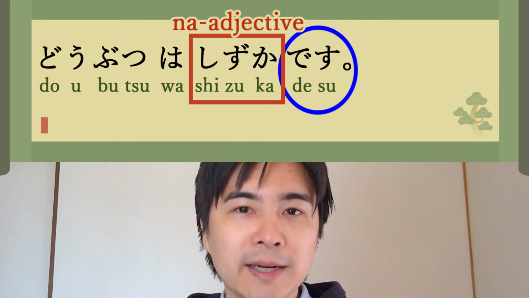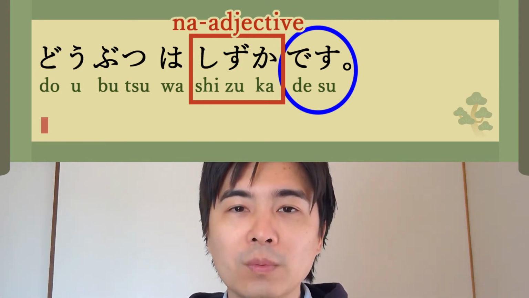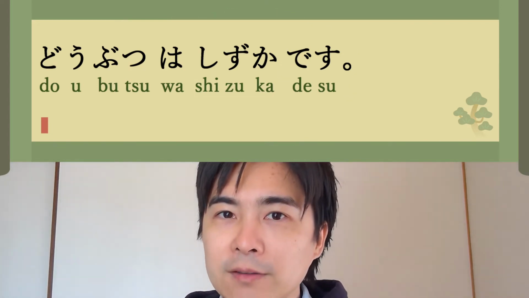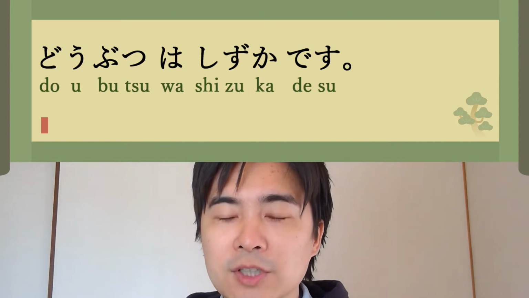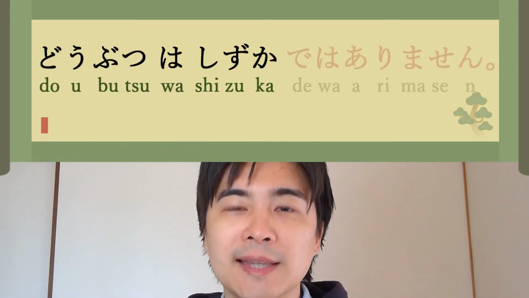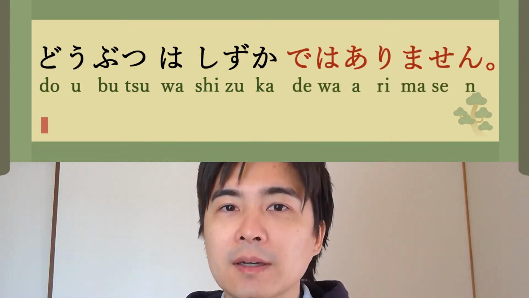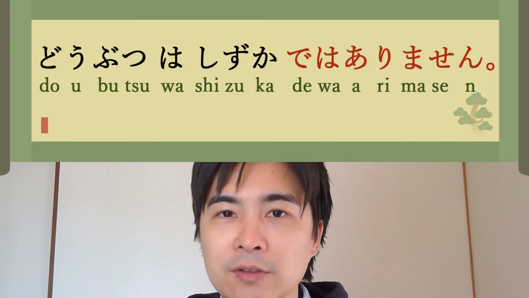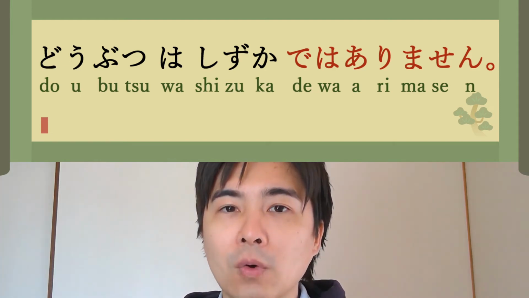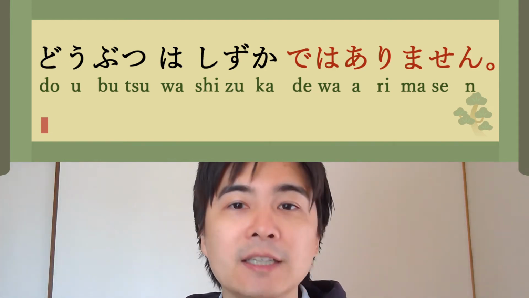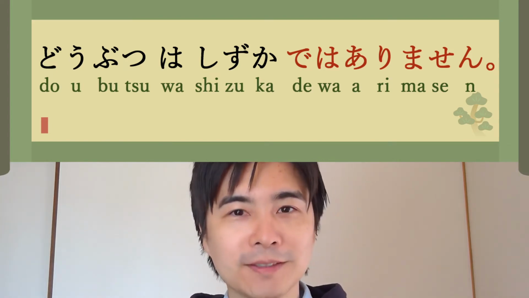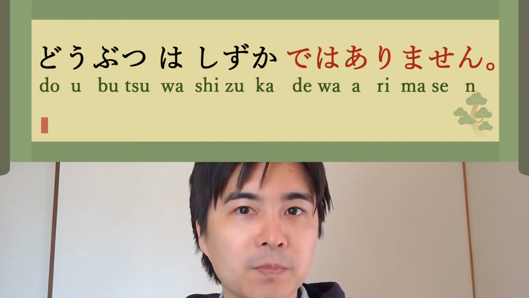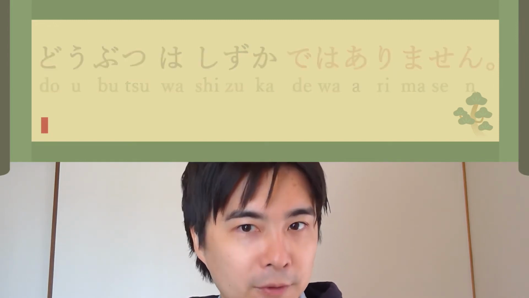And when we make this sentence negative, we need to change this into ではありません。It is the same as the case of a noun. So animals are not quiet is 動物は静かではありません。How was it? I hope you understand how to make negative sentences using na-adjectives. It's almost the same as the case for a noun.